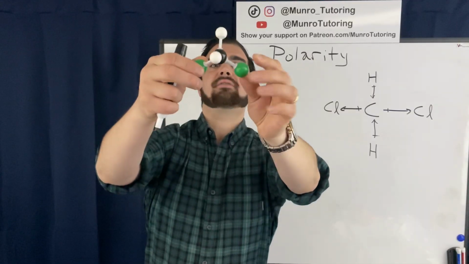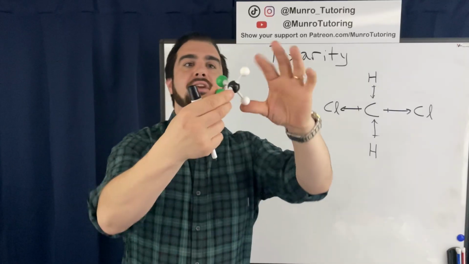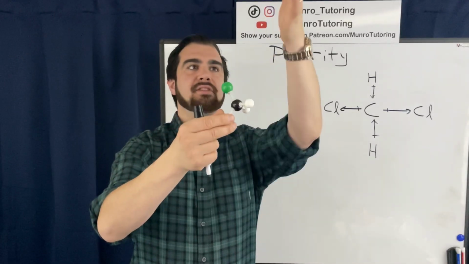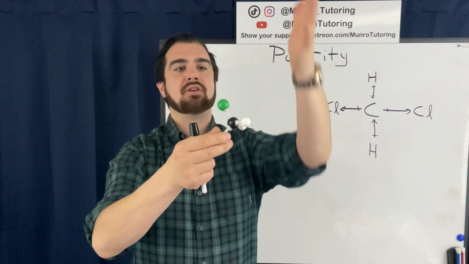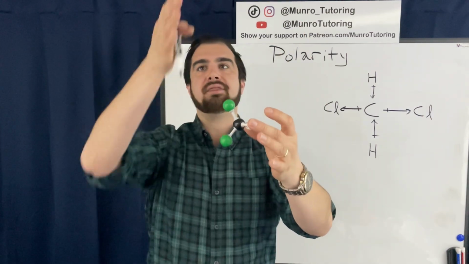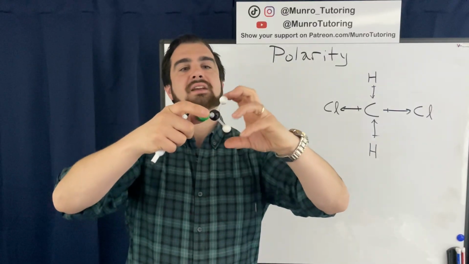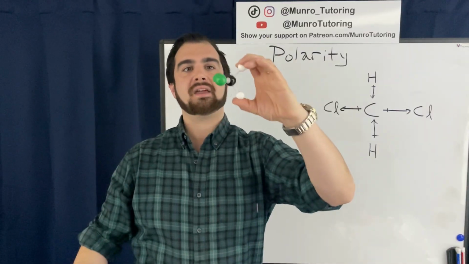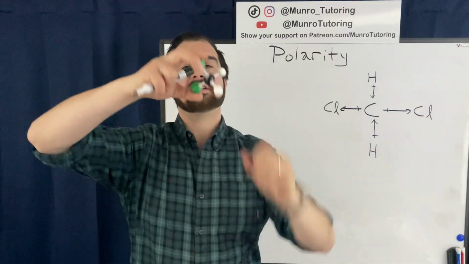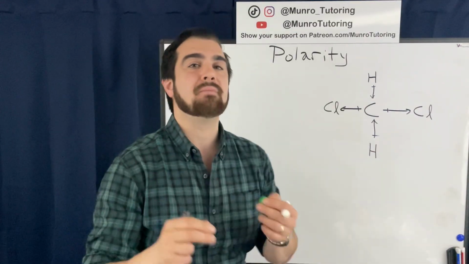I can even flip it around like this. But if we look at it in 3 dimensions, there is a realm of the molecule, one side of it, this side over here, where the hydrogens are, that's going to be partially positive, and this side over here is going to be partially negative. So this side's a little bit positive, where my hand is now. This side is partially negative, where my hand is now. So that makes a polar molecule.